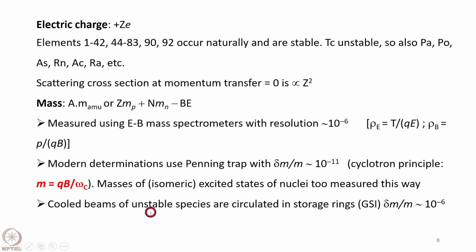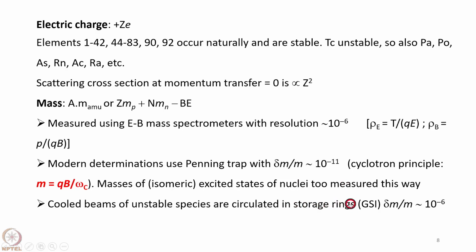There are other ways of measuring the masses of unstable species, and this is done in storage rings, where you produce the unstable species, cool it very fast, much before it decays, using electron beam cooling, and then this cooled beam is circulated in a storage ring, sometimes after acceleration.